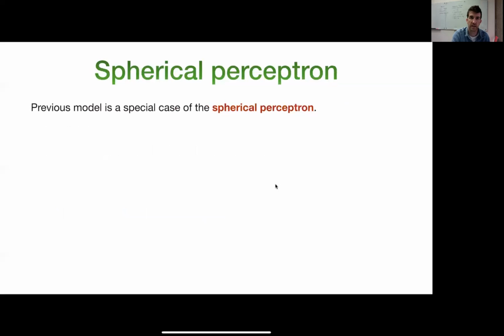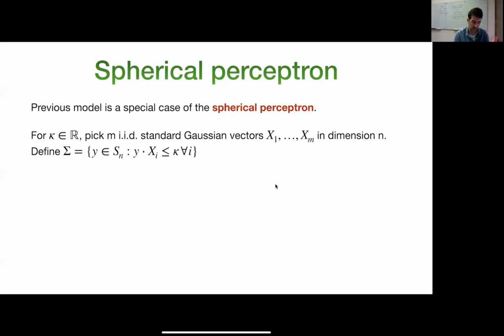Okay, you can immediately think of ways to generalize that geometric probability question. The previous one is just a special case of something called the spherical perceptron. And here's the model. You have some parameter kappa, that's a real number, and you pick m IID standard Gaussian vectors of dimension n, m vectors of dimension n, and define sigma.